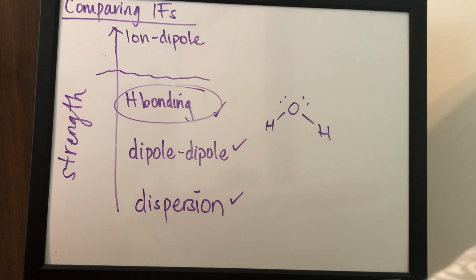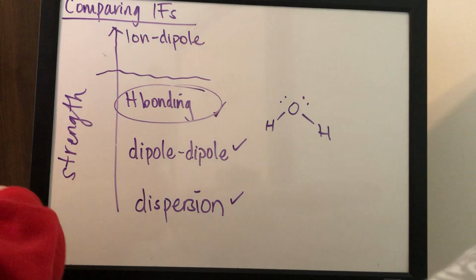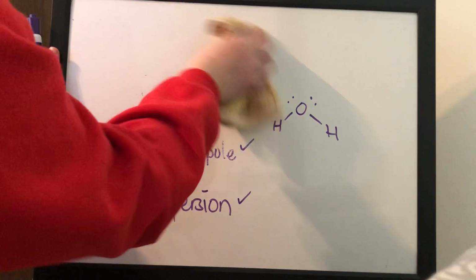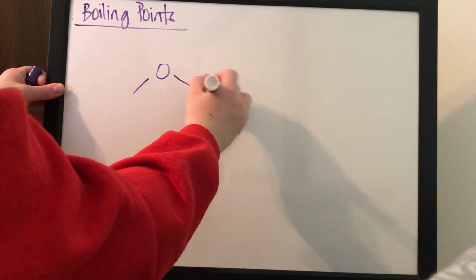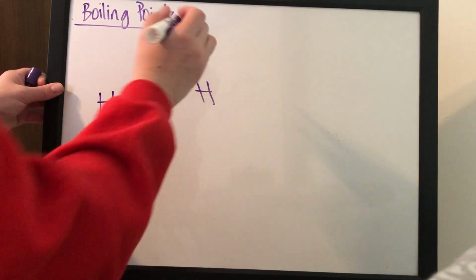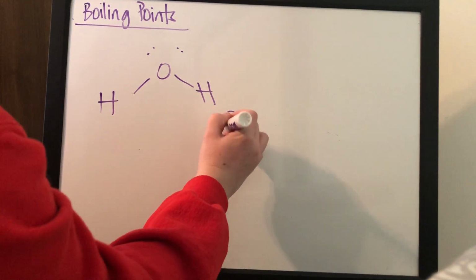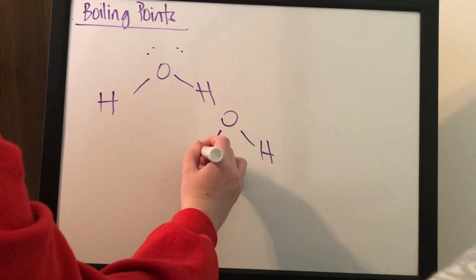So one more thing before this video is done, and let's talk about how boiling point relates to this, and we'll do water. All right, so here we go. All right, so let me bring in another water molecule.